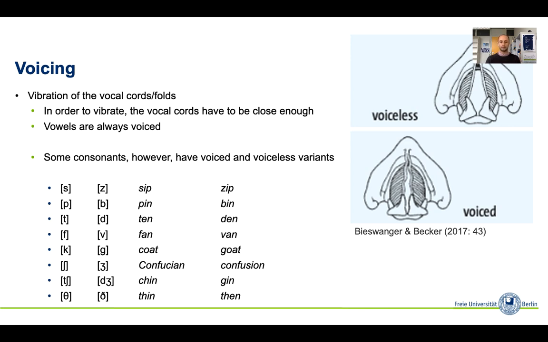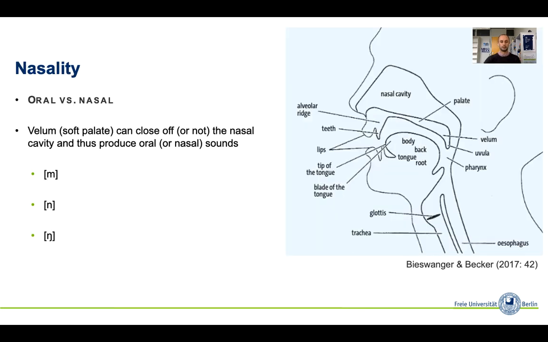The p sound is voiceless, b is voiced. Pin, bin. The same goes for sip and zip, s, z. And whereas consonants can sometimes be voiced and sometimes voiceless, vowels, on the other hand, are always voiced.